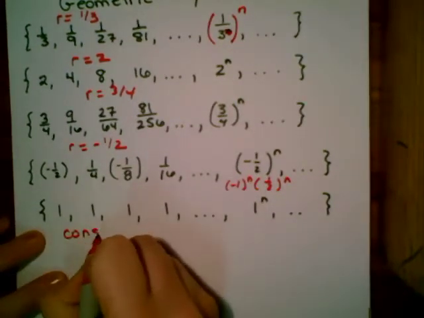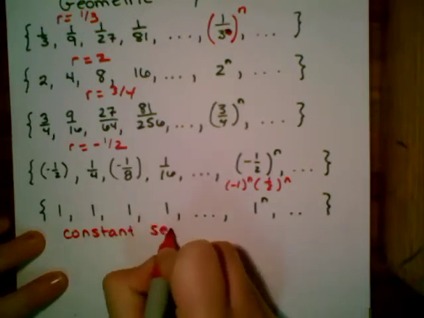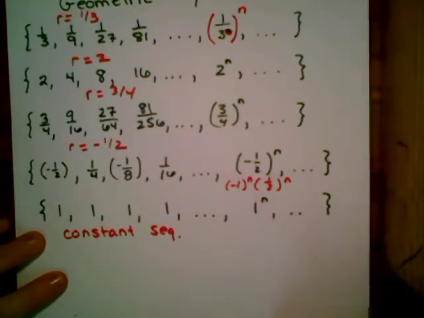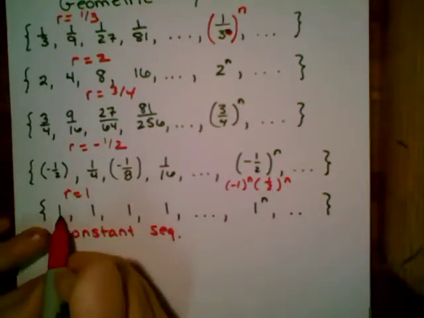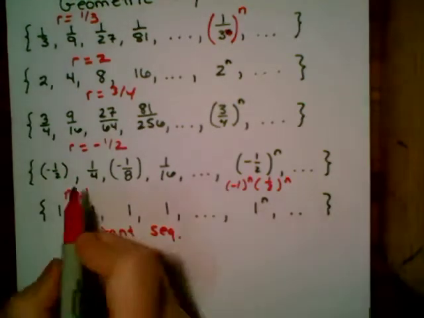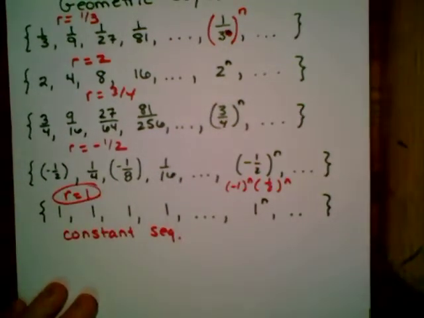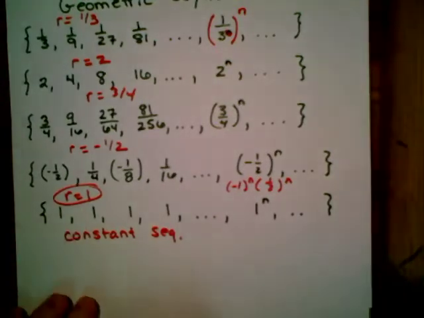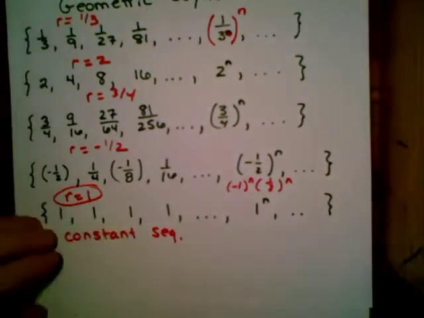There's one constant sequence where R equals 1. So 1 times 1 is 1, and so forth. That's not a very interesting sequence, but we want to define a geometric sequence for any real number R.